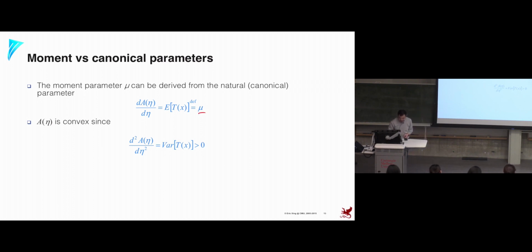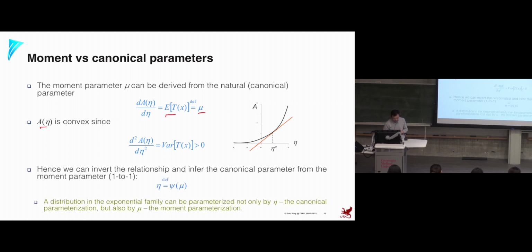this is the expression of the moment parameters mu, which is the expectation of the first order, which is the first order moment. Also, just for free, you can conclude that A of eta is a convex function because the second derivative results in a positive number, which is the variance, right?